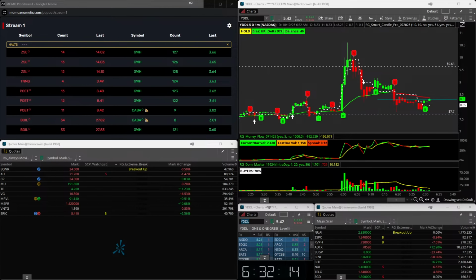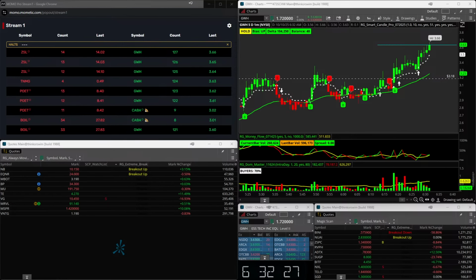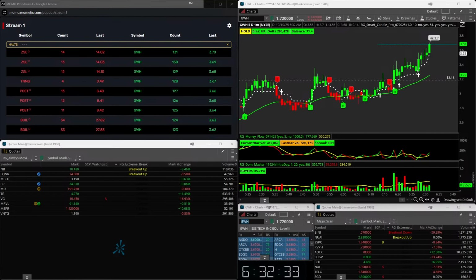GWH. GWH continuing to gain, but up and down there. It could break out, though.